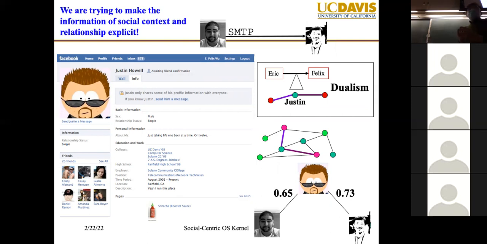So we put in a number called trust, saying that even though there is a relationship, that relationship has a quantity to describe how good it is. So essentially, this relationship between Eric, Howard, and Felix is captured as a graph, with a trust score associated with it. And that information is going to support the communication between Eric and Felix.